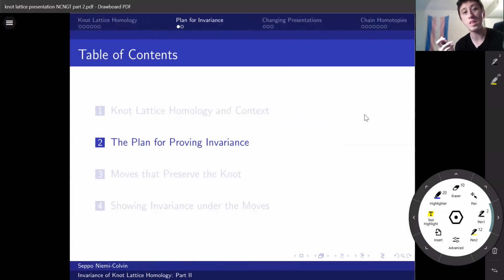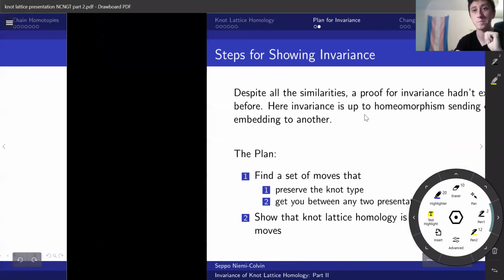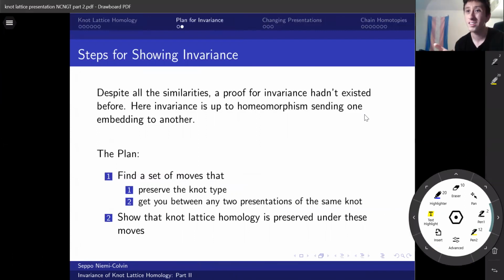Let's now move into the plan for proving invariance. To start off with, despite all similarities, a proof for invariance had not existed before.